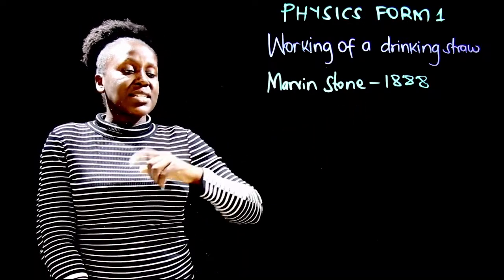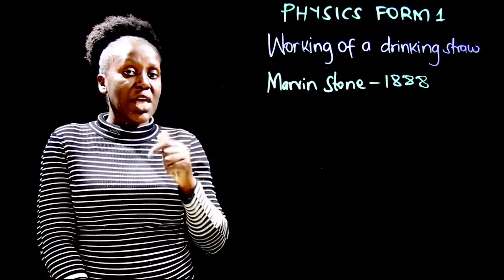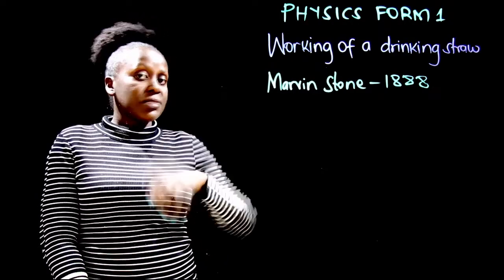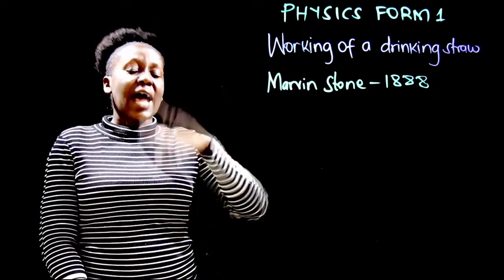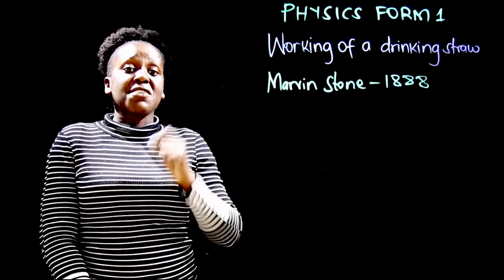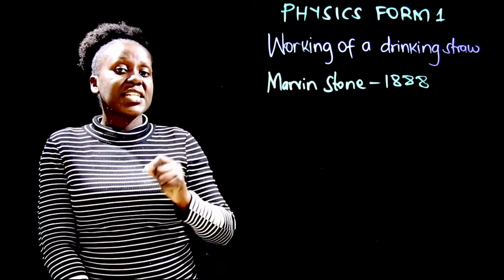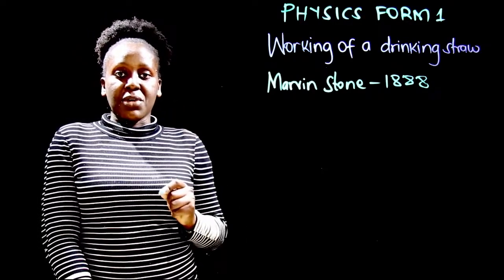What happens is that inside the straw, there is air. And we say where there is air, there is atmospheric pressure. So if you suck, the air will be pulled from the straw into your mouth, and you will be left with no air inside the straw. If there is no air, then it means there is no atmospheric pressure inside the straw. There is a vacuum, okay?